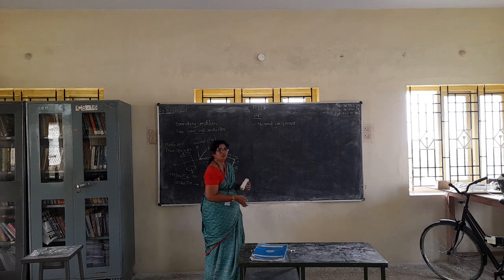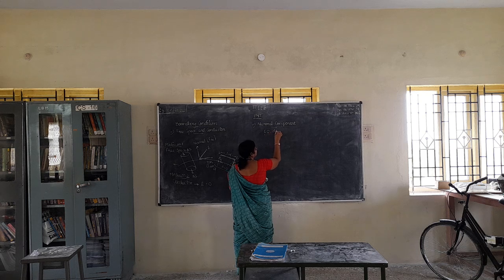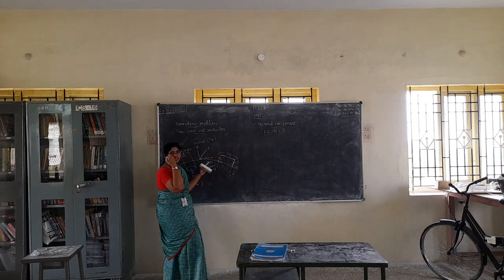Gauss law. Closed integral of D dot dS is equal to Q.